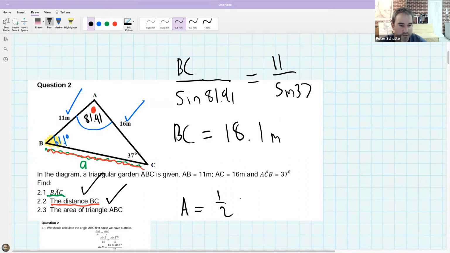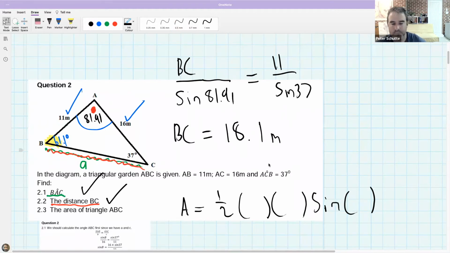So a half, I know the area rule looks something like this. Now I need to decide what goes in those blank spaces. What am I going to choose?